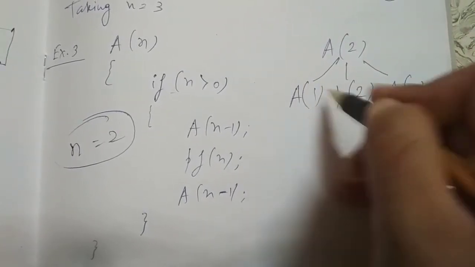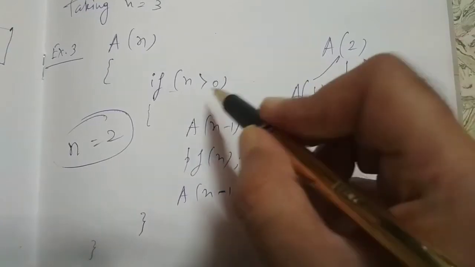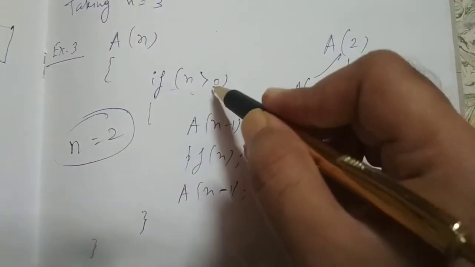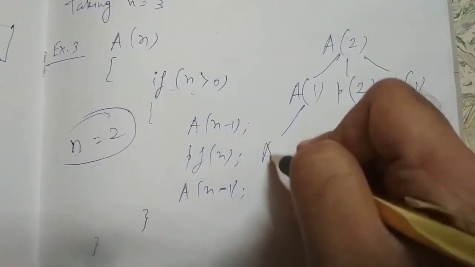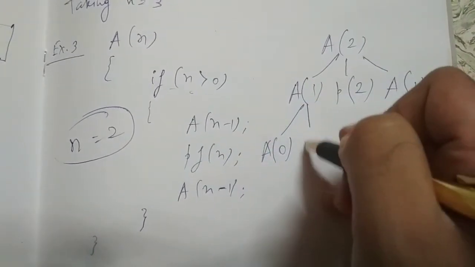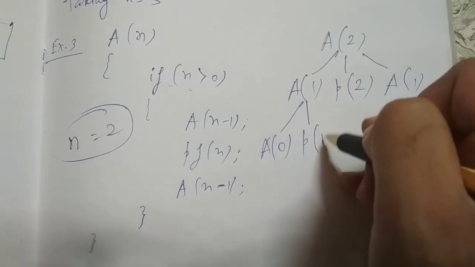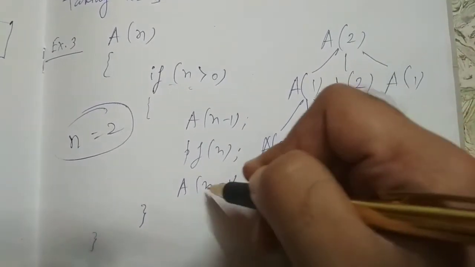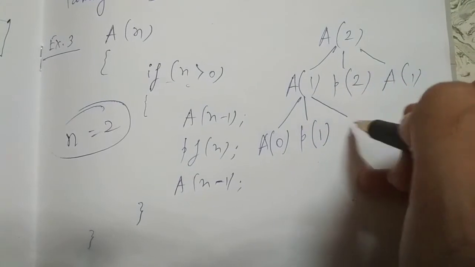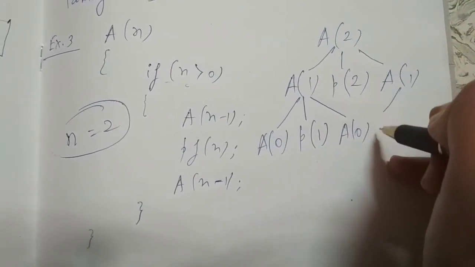Now I have to expand this. For a of 1, again I have to check this condition. Yes, it's satisfied. So I come inside and make a call to a of 0. Then I make a printf statement. I print n, and the value of n is 1. So I print 1. And I make a call to n minus 1, which is a of 0. Similarly, I expand a of 1 again.